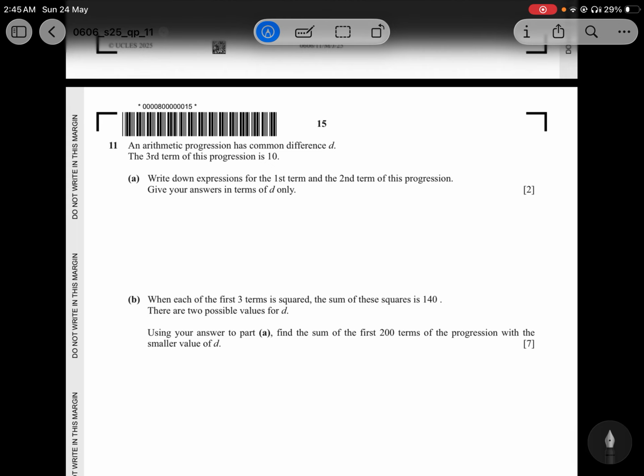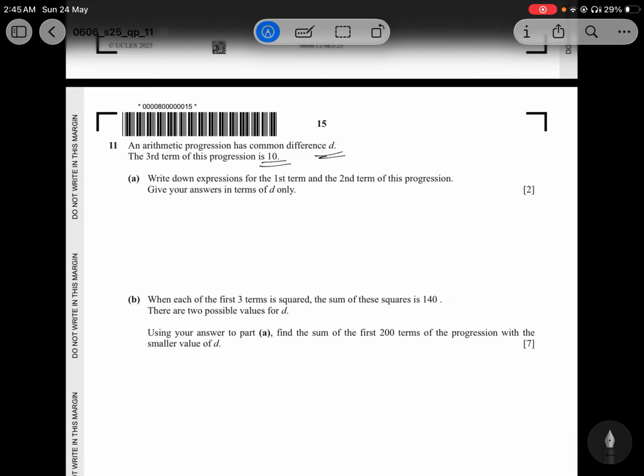Now question number 11. An arithmetic progression has a common difference d. The third term of the progression is 10. Okay, write down the expression for the first term and second term of this progression in terms of d only.